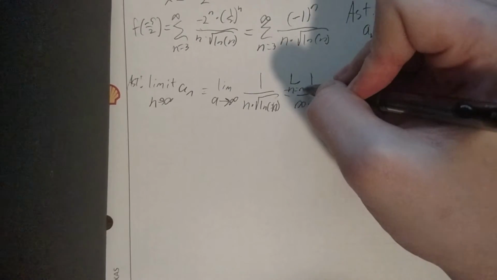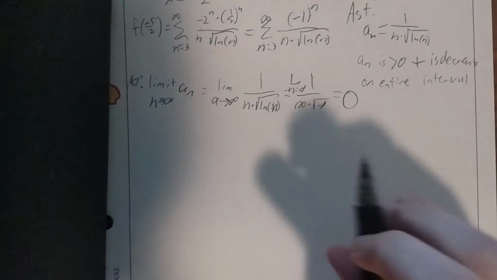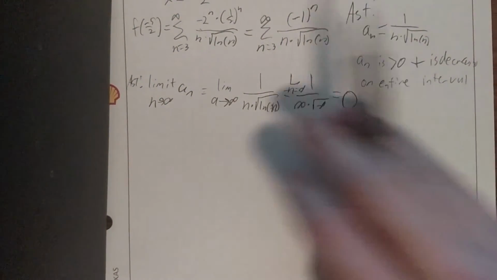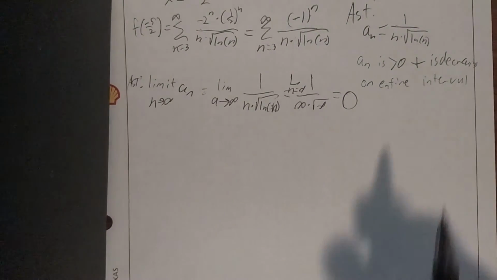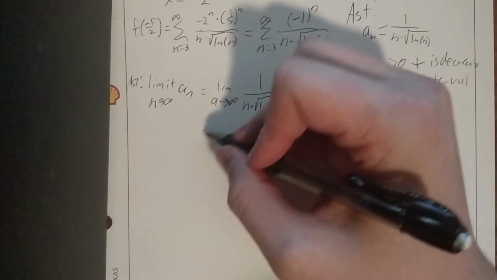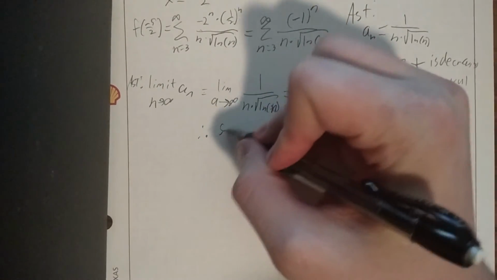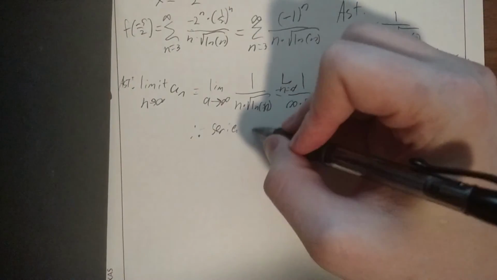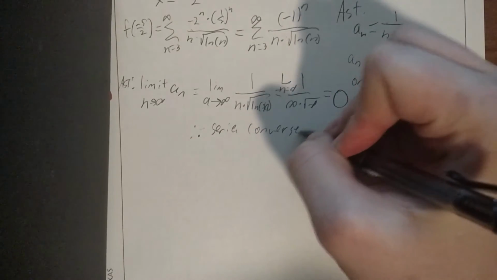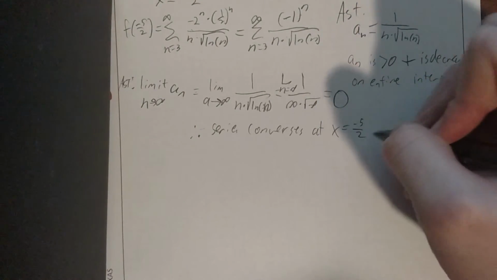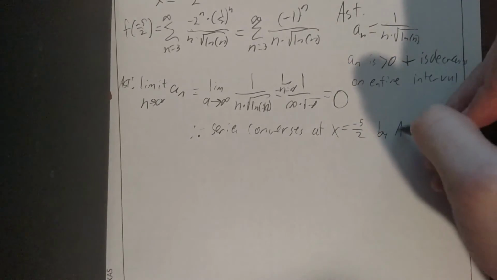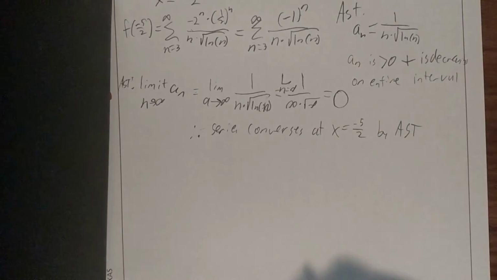Keep notation appropriate. Okay, so because it equals 0, it is convergent. Therefore, the series converges at x equals minus 5 halves by the alternating series test.